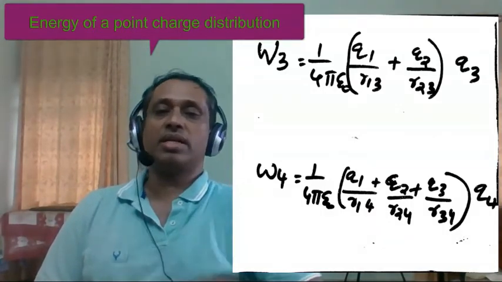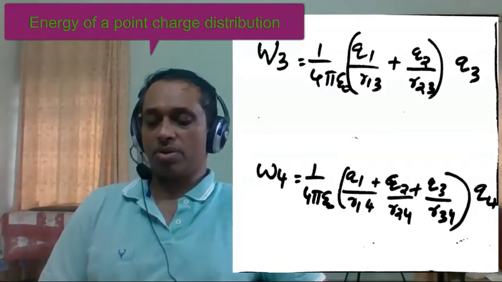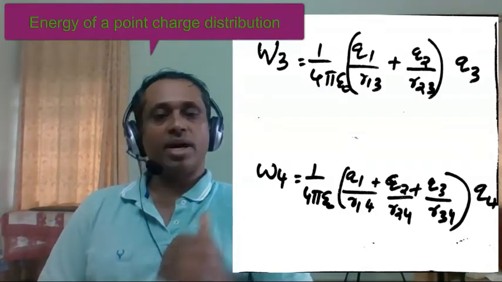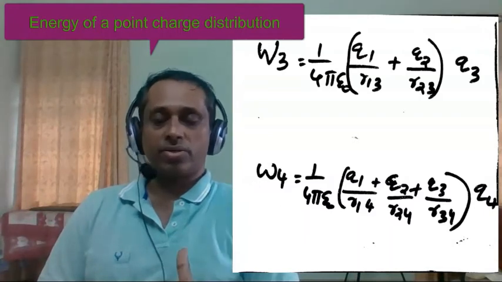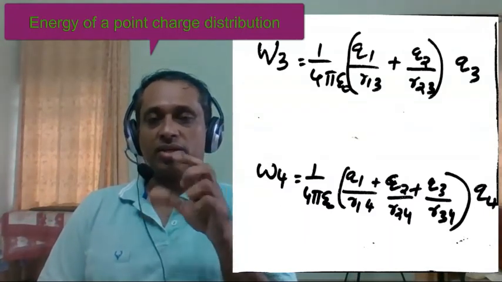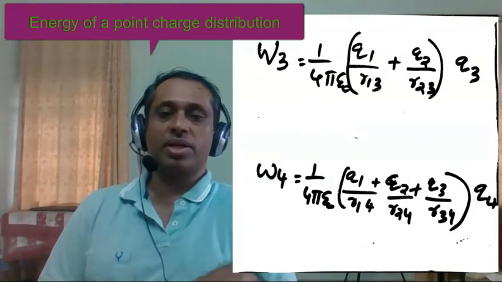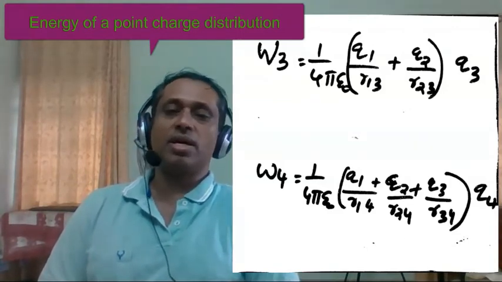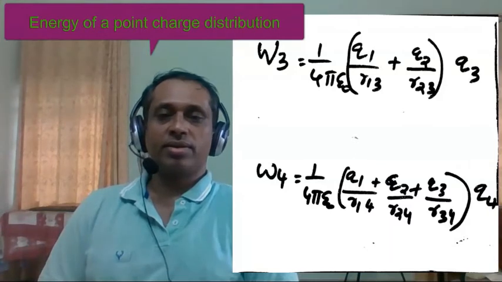So the work done is 1 by 4 pi epsilon 0 Q1 by R14 plus Q2 by R24 plus Q3 by R34. The potential into the charge we are bringing, Q4. So this is the work done.